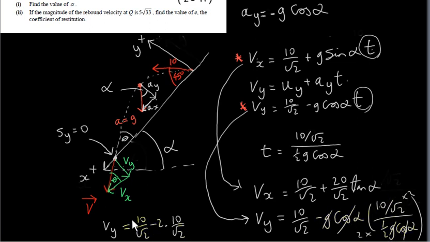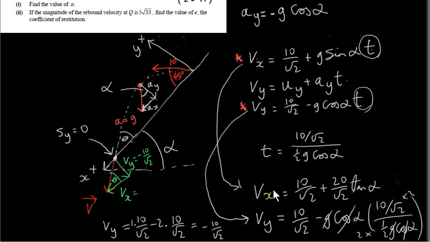So we have 1 times 10 over root 2 minus 2 times 10 over root 2. Well, that's like 1x minus 2x. That's minus 1 times 10 over root 2. So Vy has come out to be negative, as expected, because it's a vector pointing in the negative y direction. So Vy comes out to be minus 10 over root 2.